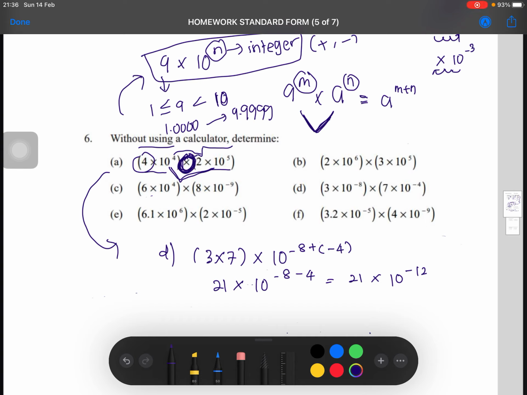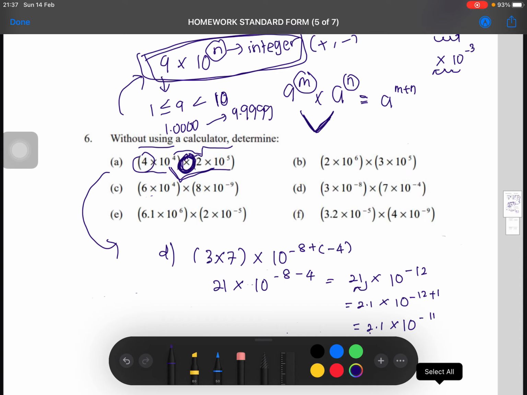Not yet. So we must change into standard form. We move the decimal 1 time, following the criteria for standard form. That means 2.1 times 10 to the power of negative 12 plus 1. Because we move the decimal to the left, for standard form we must add 1 for 1 time. That means 2.1 times 10 to the power of negative 11.